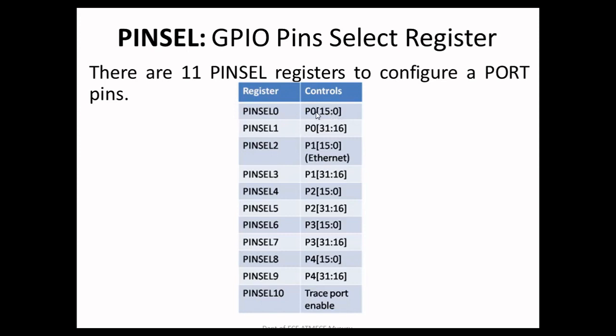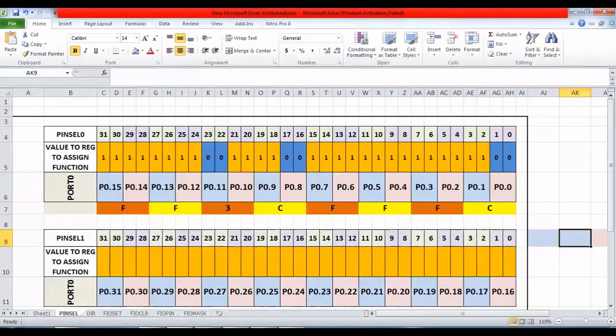of port 0. That means the 0th pin of port 0 is mapped to the first 2 bits, that is bits 0 and 1 of the pin selection 0 register, so these bits will decide the functionality of that pin. For example, look here. This is the pin selection 0 register.